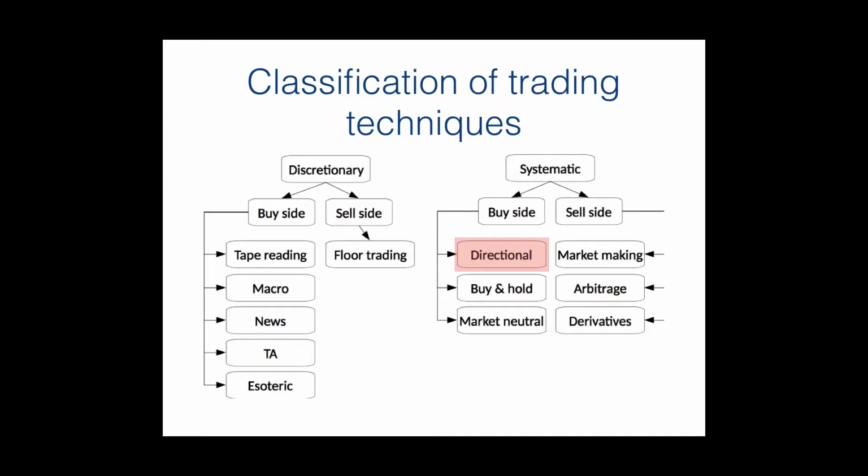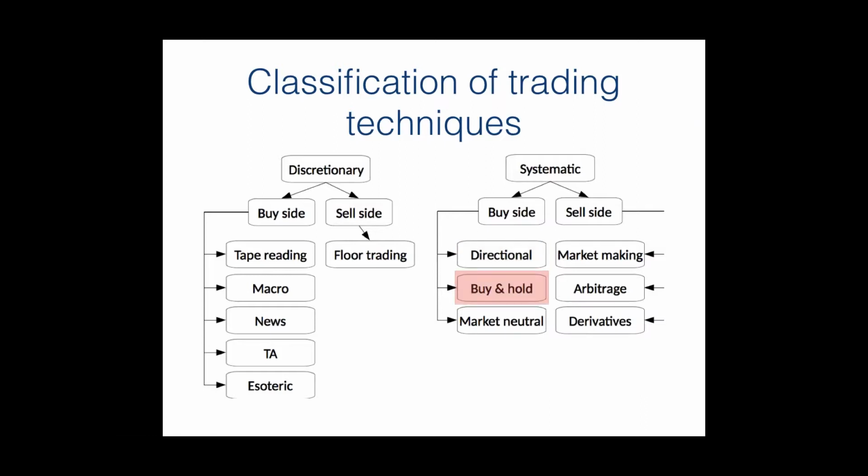Buy-side systematic trading techniques can mostly be classified into directional, investment, or buy and hold, and market neutral. Directional trading techniques is what most retail traders try to use. They all exploit direct price changes which exist in a certain time frame.